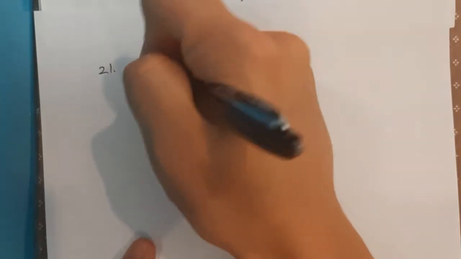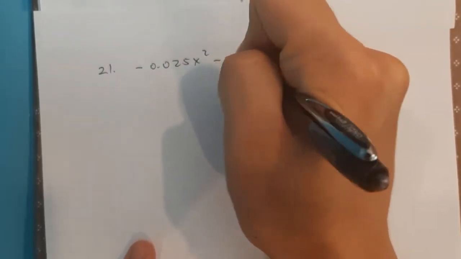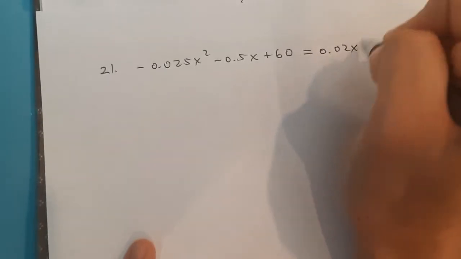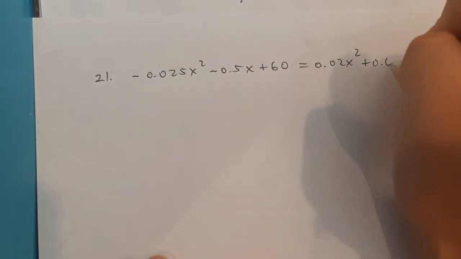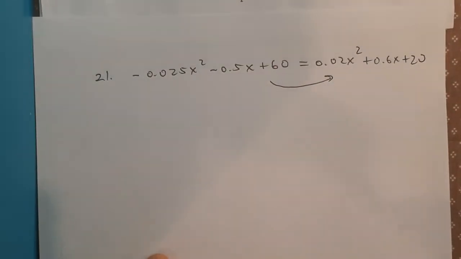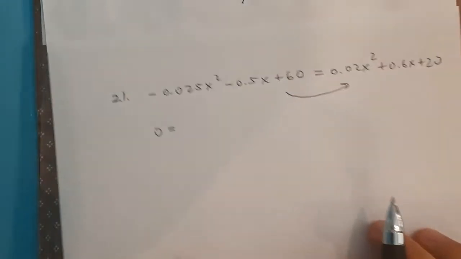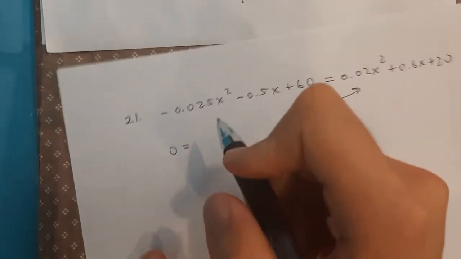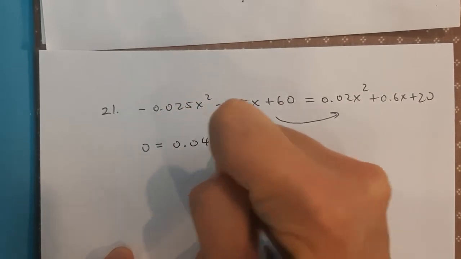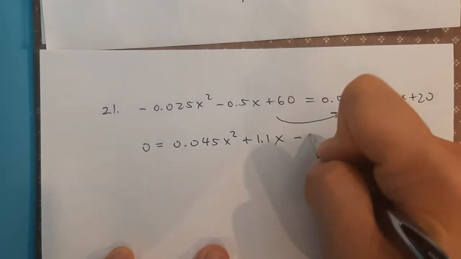Here we got negative 0.025x squared minus 0.5x plus 60 equals 0.02x squared plus 0.6x plus 20. And we move everything to one side. So we'll end up with 0 equals 0.045x squared plus 1.1x minus 40.